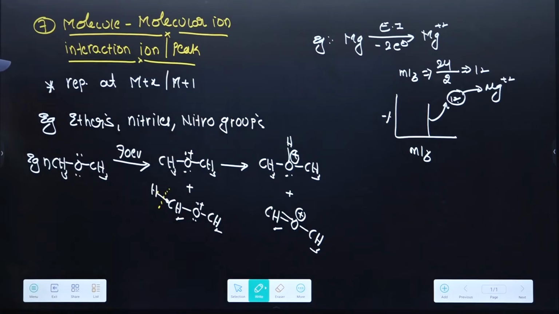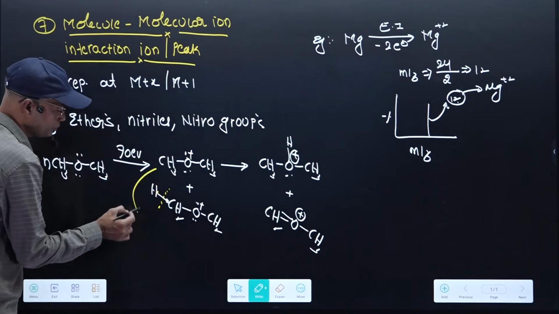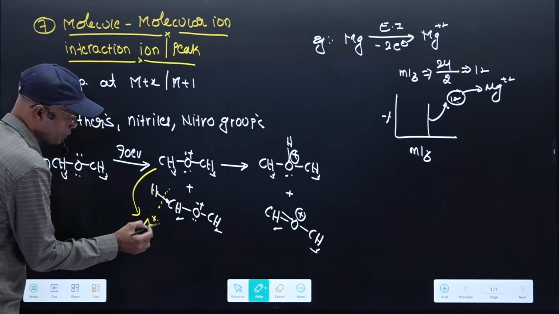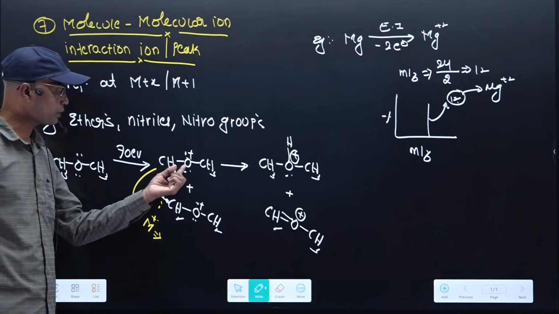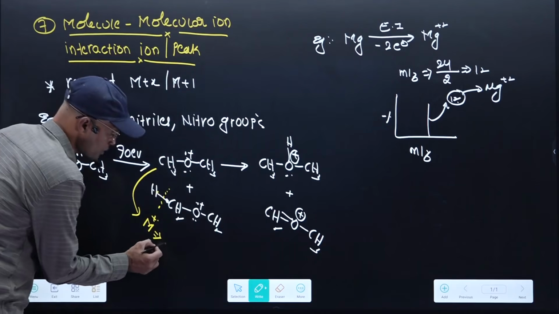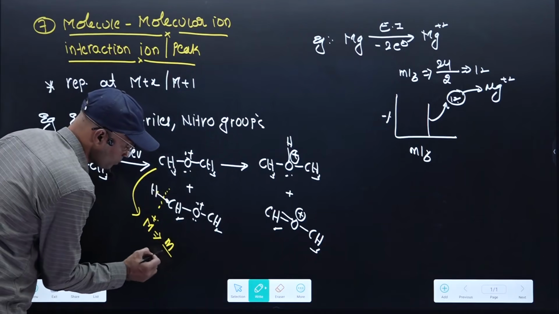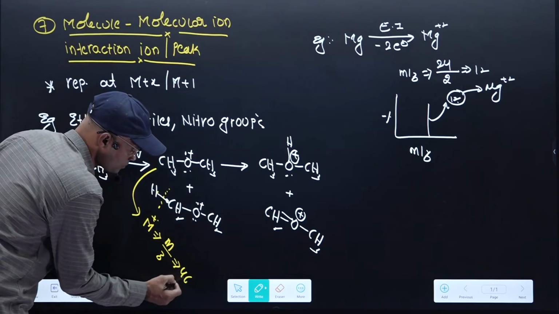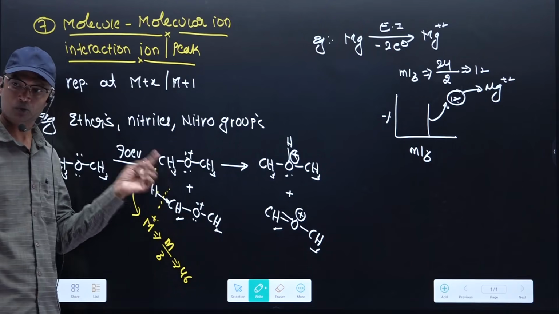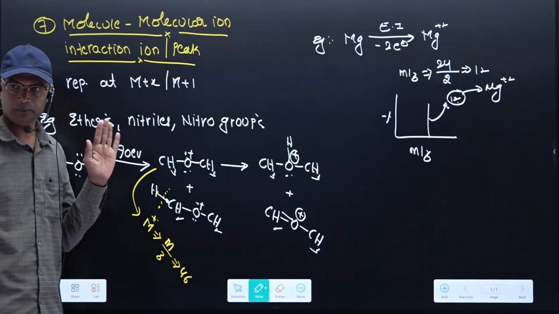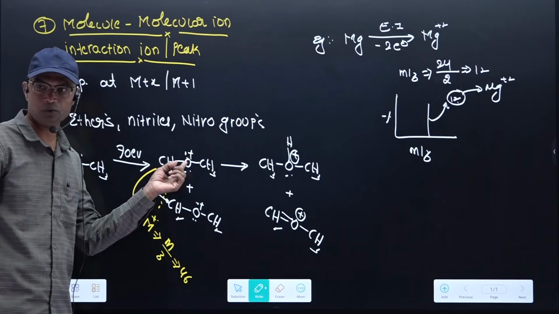So initially this is a molecular ion or not? This is a molecular ion. What is the m/z value of the molecular ion? 36 plus 4, 40. 40 plus 6, 46. So the m/z value is 46. Every carbon is 12. Every oxygen also 12, generally. But actually every oxygen is 16, we need to count.